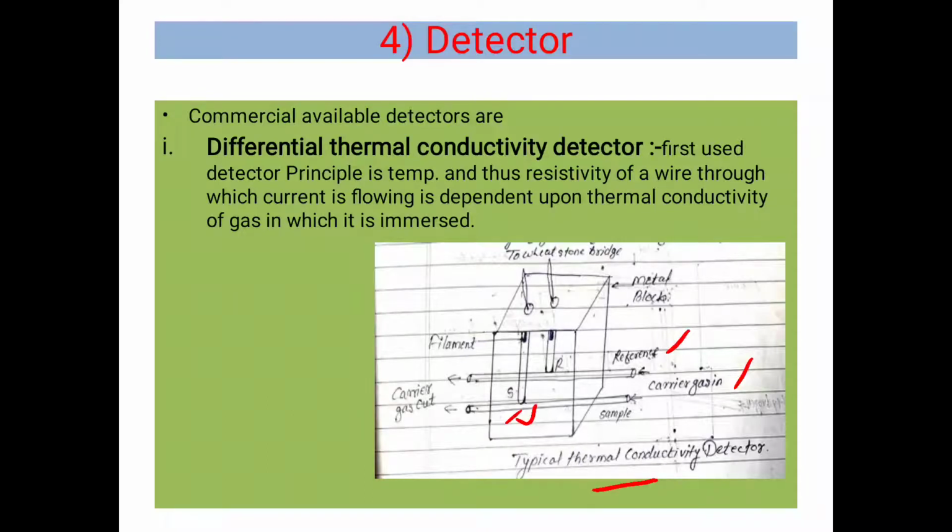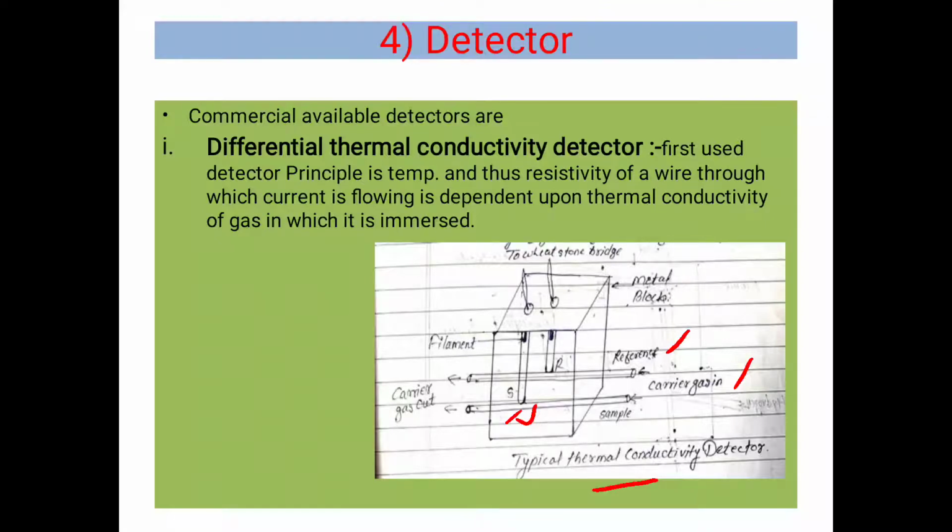So the effluent is moving towards the sensing side only, and the temperature of the filament, that is S, changes due to widely different thermal conductivity. The temperature of the sensing side changes due to the different thermal conductivity of the sample component than the carrier gas.